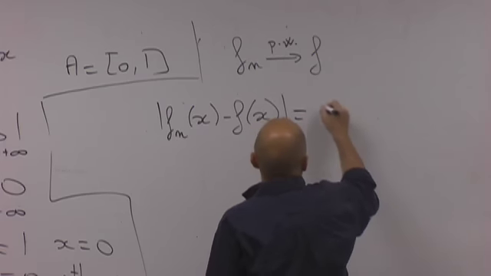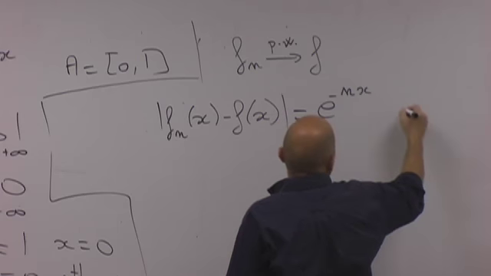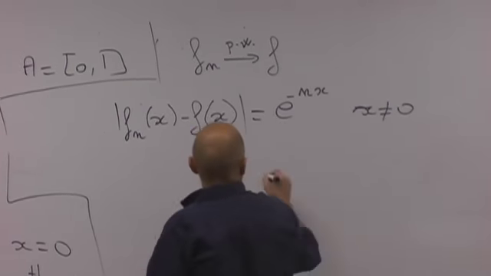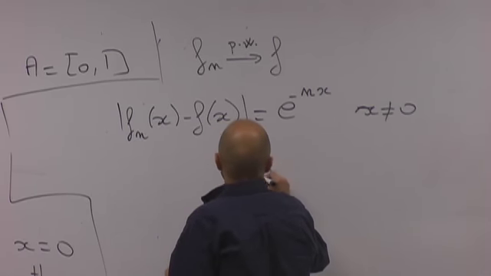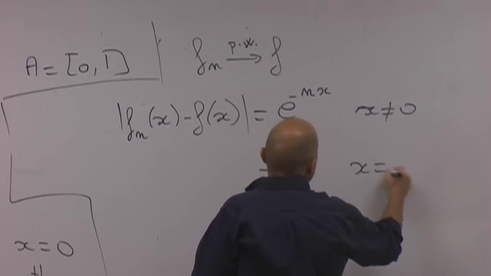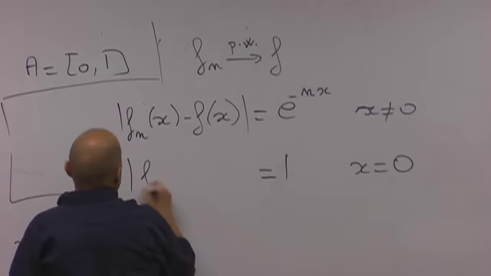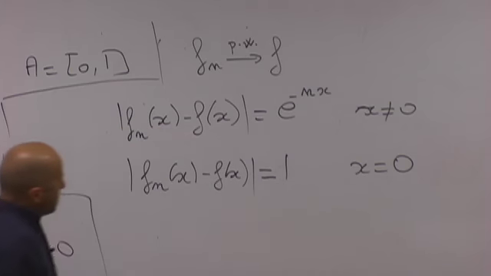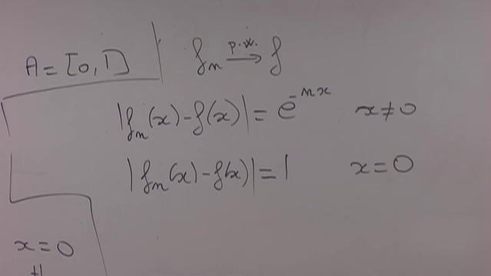This is exponential of minus nx if x is different from 0, and they're both equal to 1 if x is equal to 0. Right? It's either 1 or exponential of minus nx.